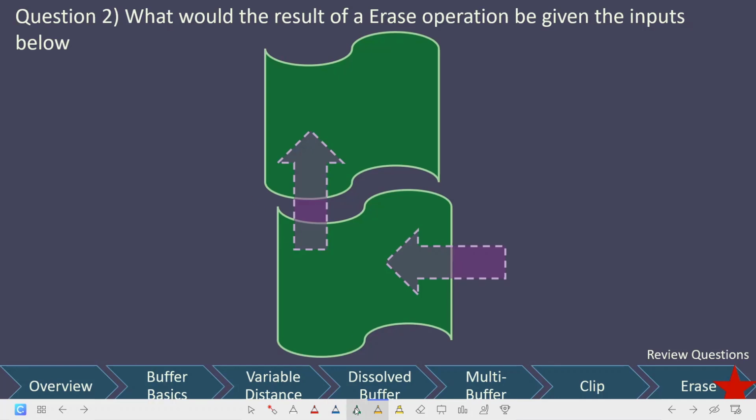And again, the green here are our inputs, and the purple here are our clip or erase. So what would happen if we were to run an erase on these features.